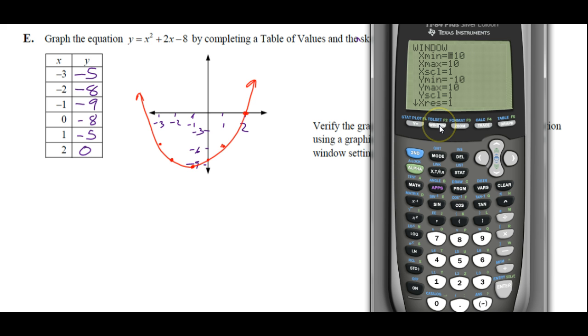If I want the exact window, I can go from -3 to +2, and I can go from, well, -10 is reasonable, with a scale of 1, just as I put a tick every 1. And y min, -10, that's good, because if I put -9, it's going to bottom out on the window, and I want to see just a little below. So this should go almost to the bottom of the window, but not quite. And x max, I'm going to leave it as 10, because really it's saying there's stuff up here, so let's just see what that looks like.